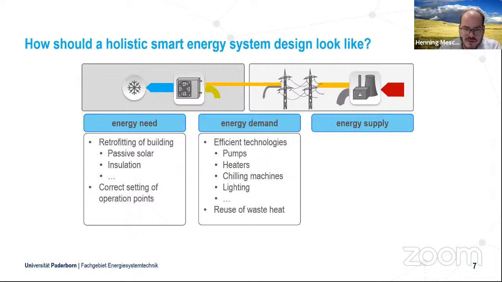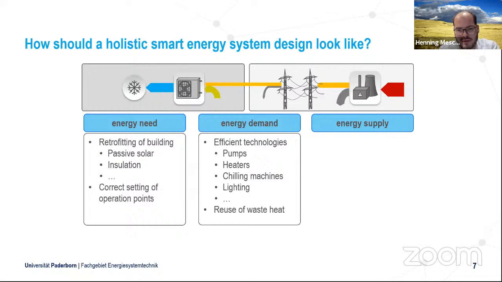Also, we can reduce the energy demand, mainly in the way that we use efficient technologies. So in this case, we can think about replacing our chilling machine. In other cases, we can replace the pumps, the heaters, the electric drives, our lighting systems, and then we can increase the energy efficiency of that specific technologies.